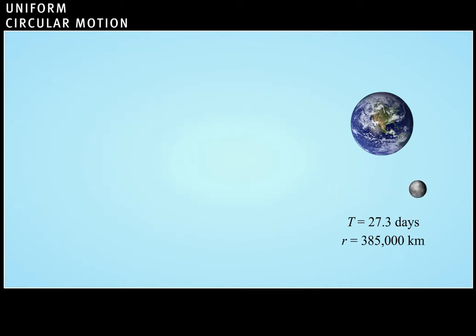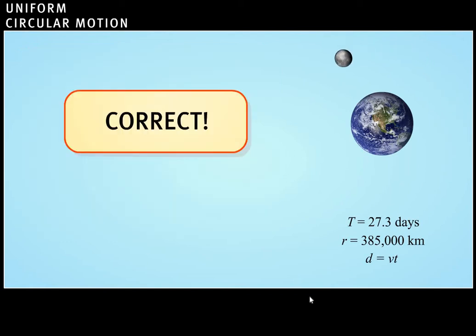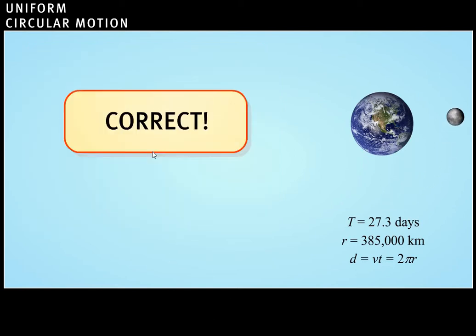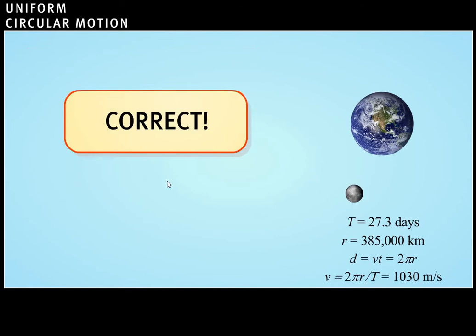Correct. What is the distance traveled by the Moon in one orbit? Correct. What is the Moon's velocity? Correct. What is the magnitude of the Moon's centripetal acceleration? Correct.